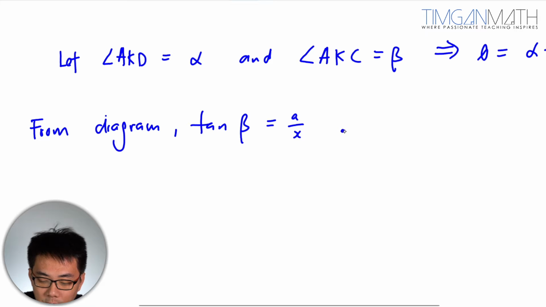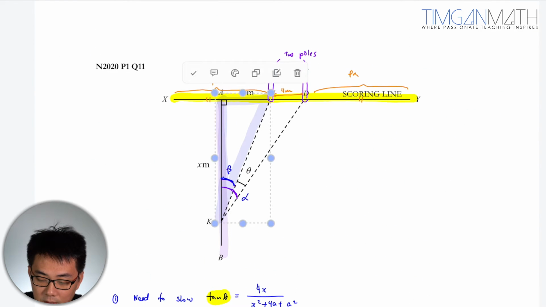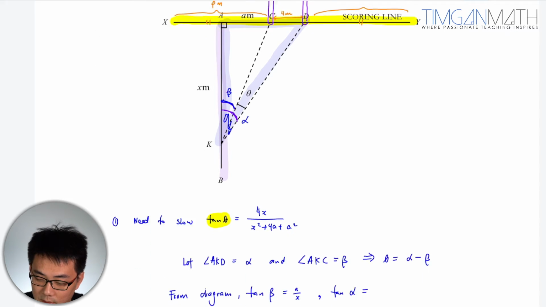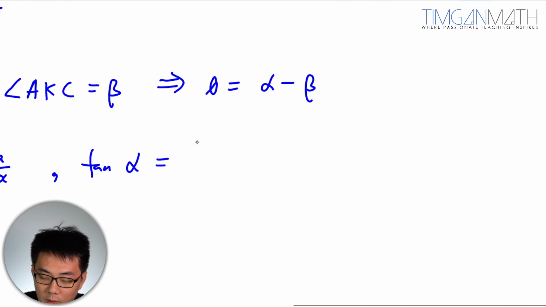Then for tangent alpha, we look at the triangle which involves alpha, which is this one here. Alpha is this whole thing here, so we have 4 plus a, and tangent alpha is 4 plus a over x.